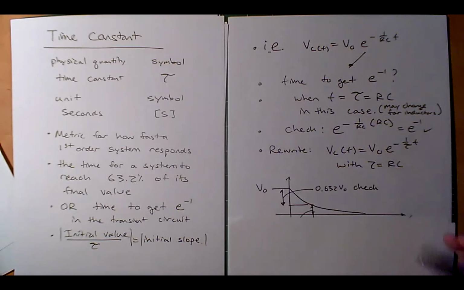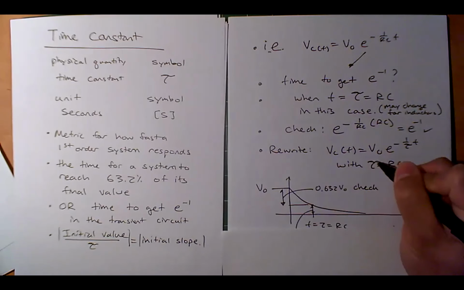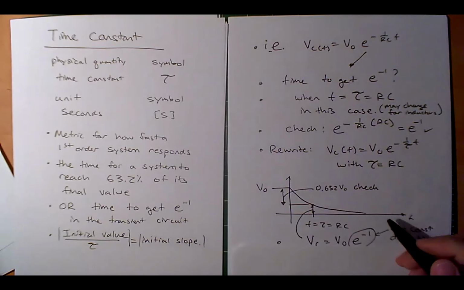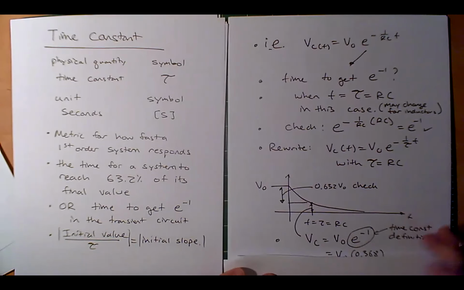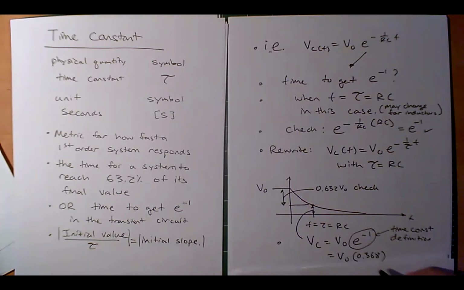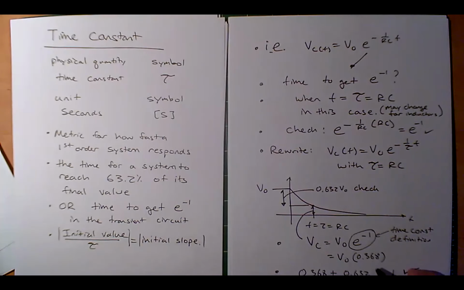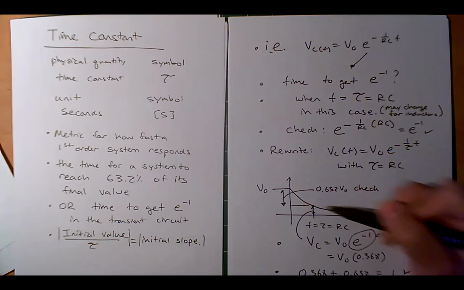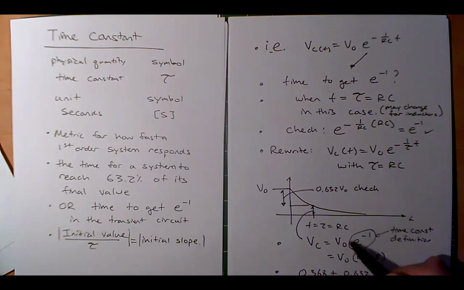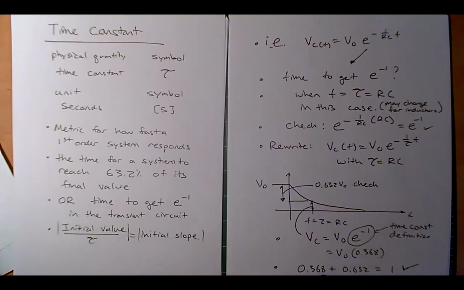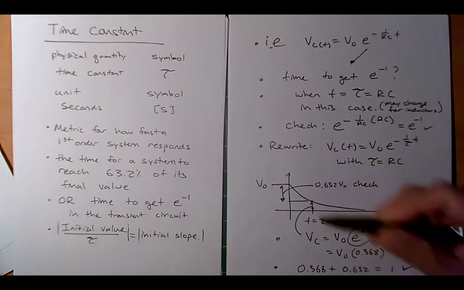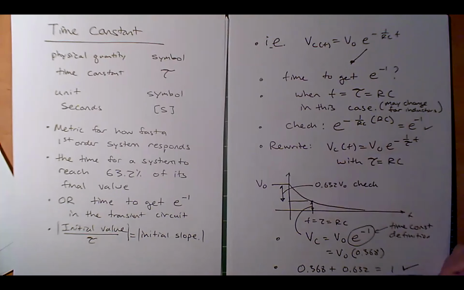Okay, so as I said before, we want t to be the 1 over, right? And so look at this. If I have e to the minus 1 here, I get V naught times 0.368. Well, 0.368 plus 0.632 is 100%, or 1, right?